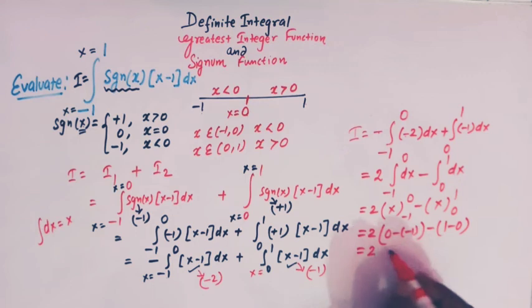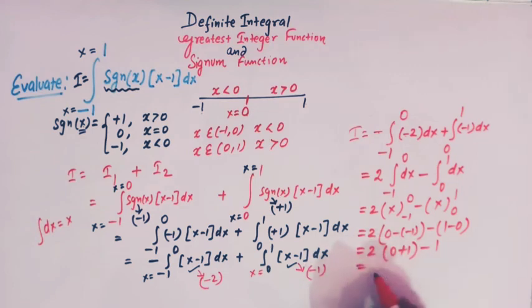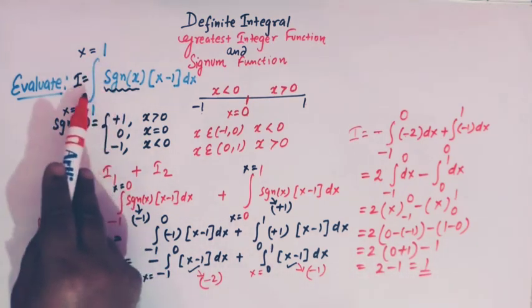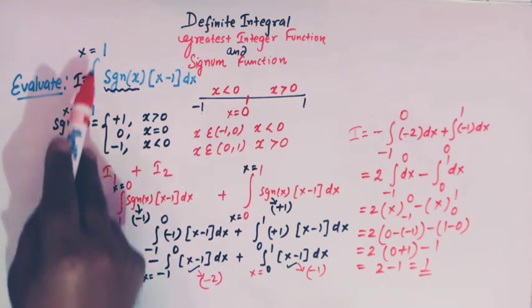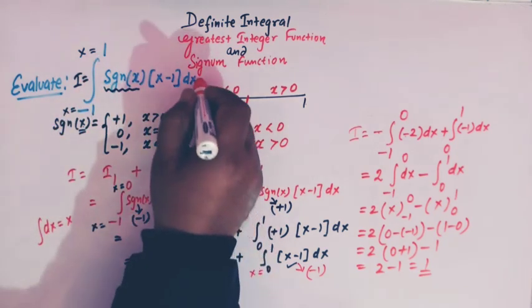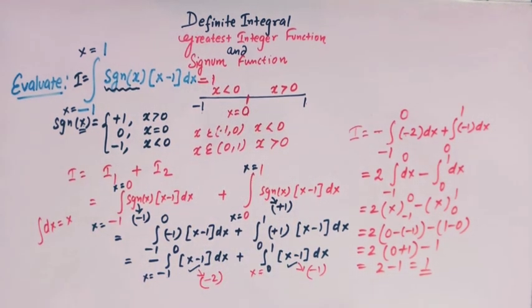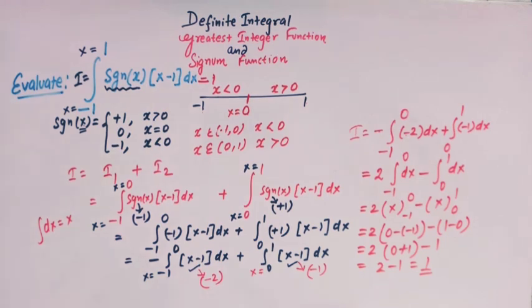So this is 2 times 0 plus 1, and this is 1 minus 0 which is 1, so 2 times 1 is 2, 2 minus 1, that is 1, right? So viewers, the value of this integral, that is minus 1 to 1 signum of x greatest integer x minus 1, is equal to 1, right? And this is how we solve this problem.